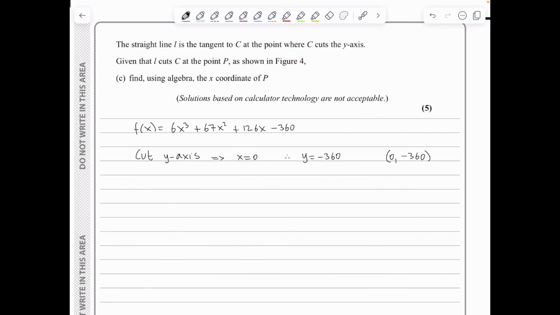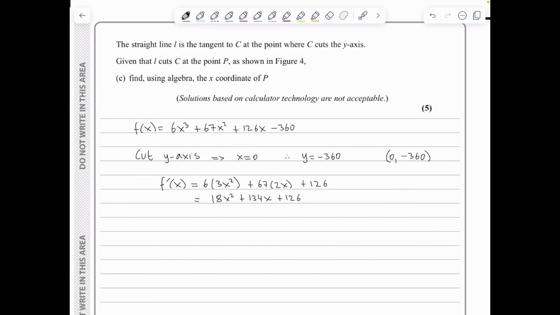Now, because L is a tangent to C, I will find the derivative f dash of x. Remember we multiply by the power and we deduct 1 from the power. So it's 6 times 3x squared plus 67 times 2x plus 126, simplifying to 18x squared plus 134x plus 126.